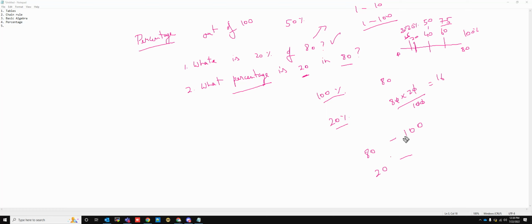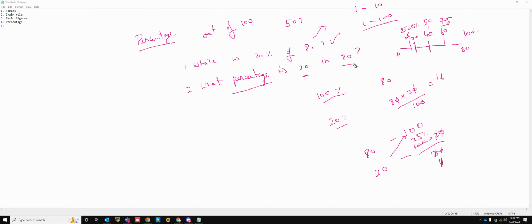The same mathematics, multiply these two: 100 into 20 divided by 80. So this and this cancel, 80 is 20 times 4, and this is 25. So 25 percent. What you have to put on the left-hand side is what you need to understand.